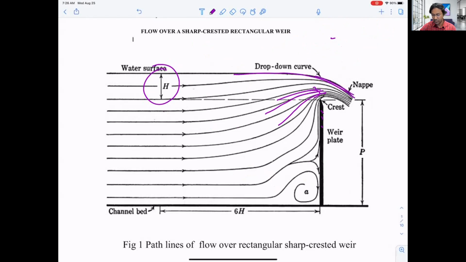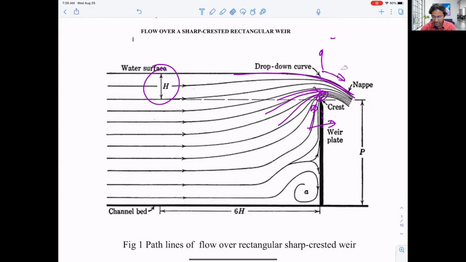It has a downward trend. It has an x component of velocity and a y component of velocity, and the other streamlines also have the same x and y components of velocity. Because of that, it is converging here, and it is just contracting.